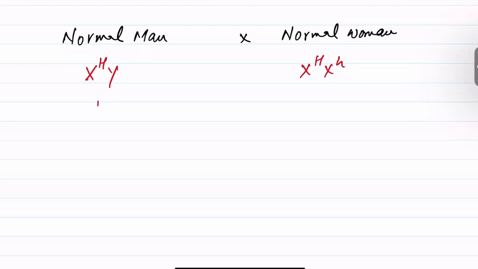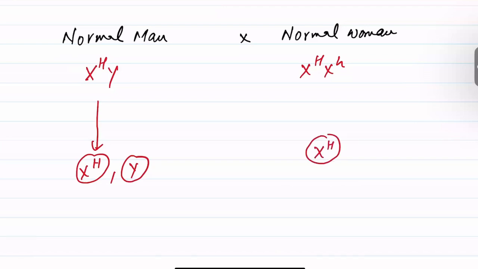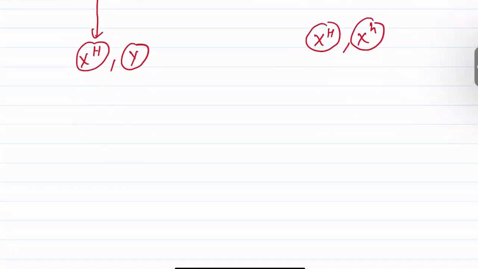The gametes produced will be 2 types in men, X, H capital and Y. And there will be 2 types of gametes in this woman, half of them having X, H capital and the other having X, H small. Okay, so how can we predict the offspring?